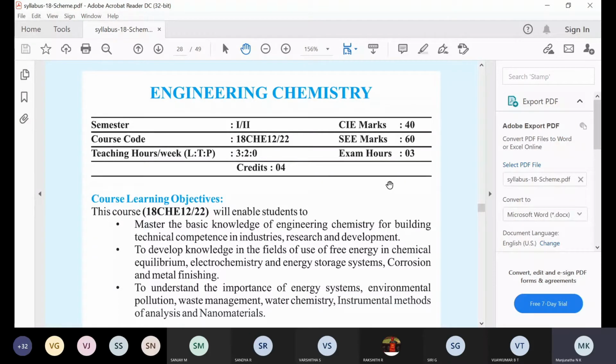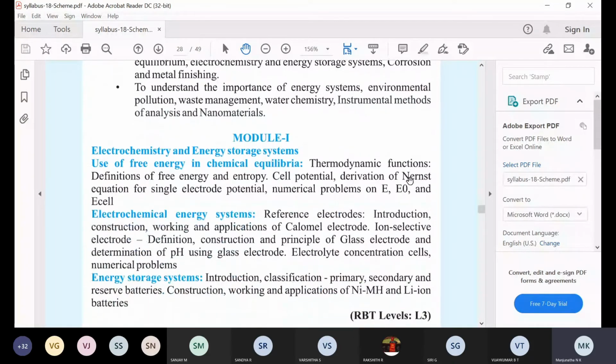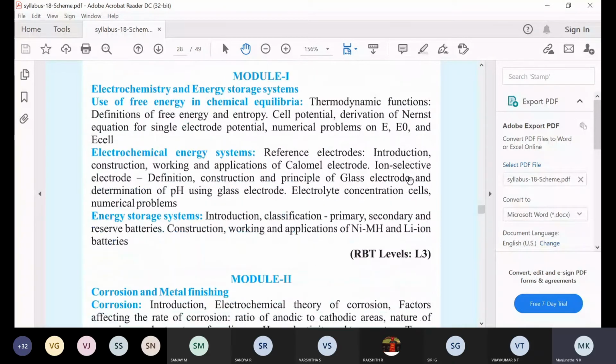So coming to the engineering chemistry syllabus. Engineering chemistry is a 100-mark subject in which you have 40 marks for internal and 60 marks for external examination. In the syllabus there are 5 modules. First one is electrochemistry and energy storage system.